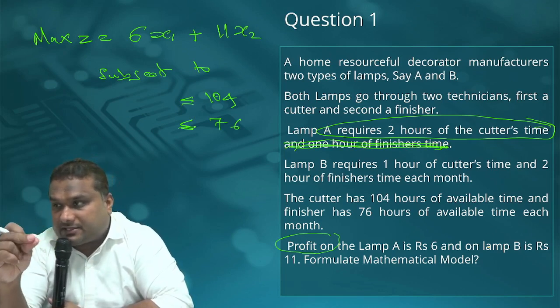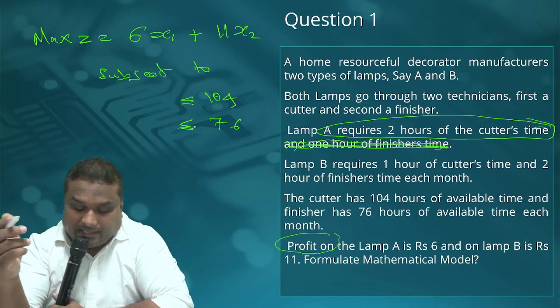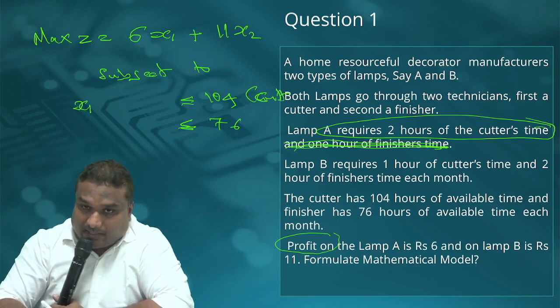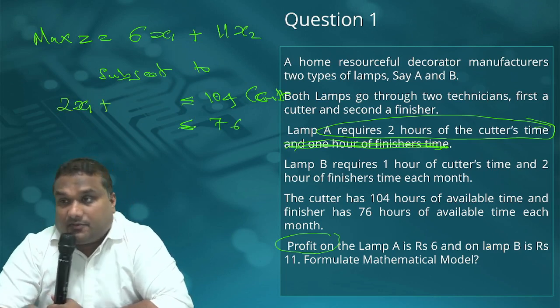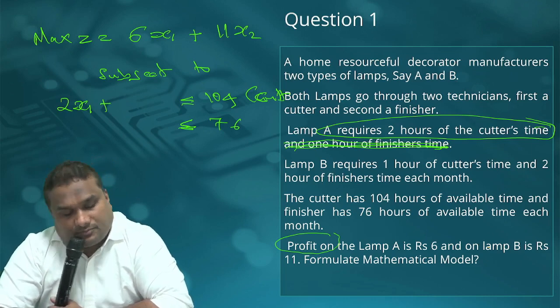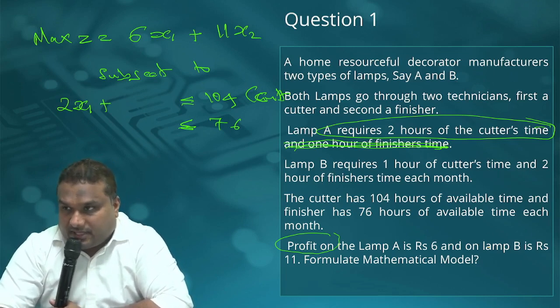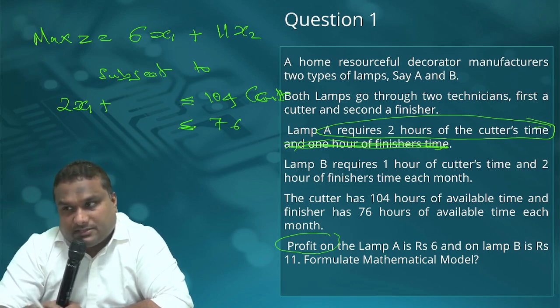Lambier means x1 or x2? x1. Now we are speaking about cutter. x1 requires 2 hours, so 2 hours means 2x1. 3 hours means 3x1, 5 hours means 5x1, and 1 hour means just x1.